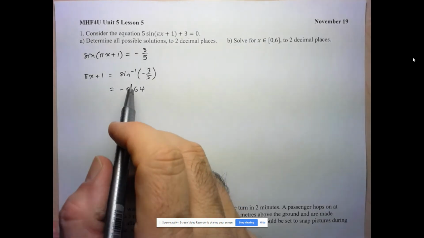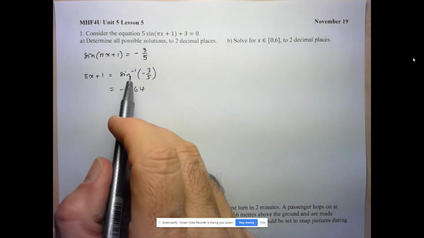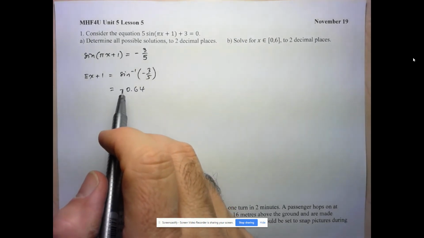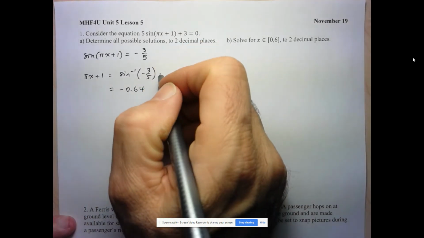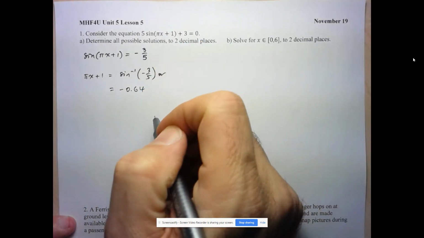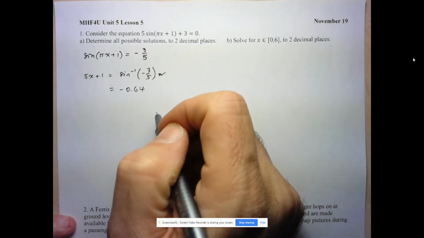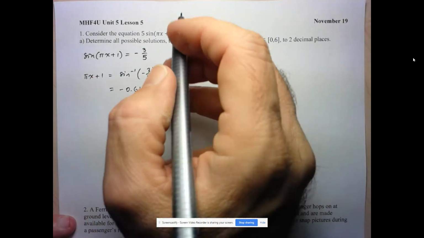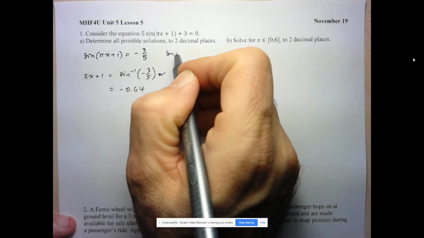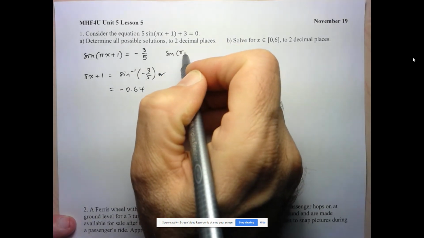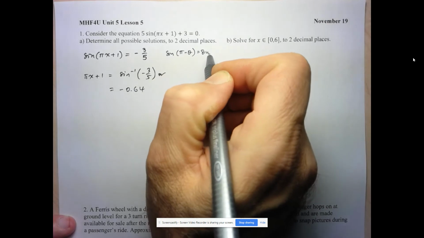But we know that the inverse sine function only gives us one particular solution. We can find a second solution by using an appropriate related angle identity. In this case, since we're working with sine, I'm going to use the fact that sine of pi minus theta is equal to sine of theta.